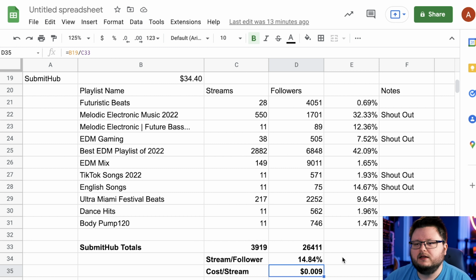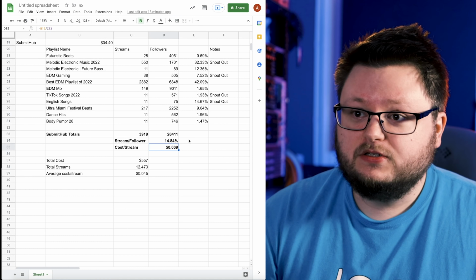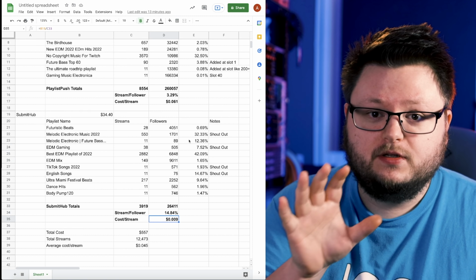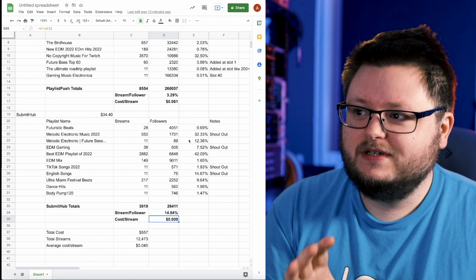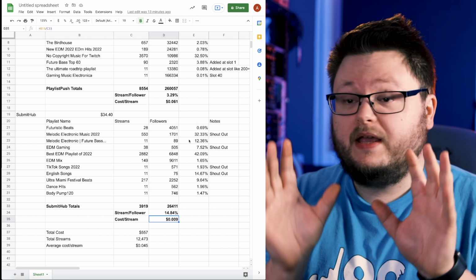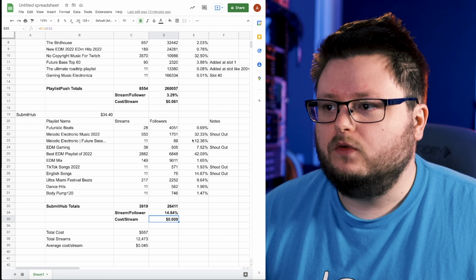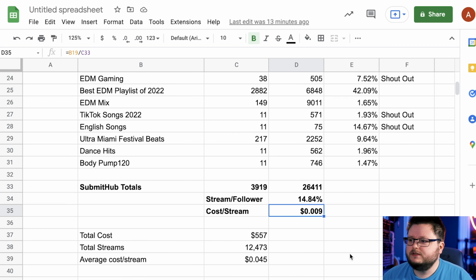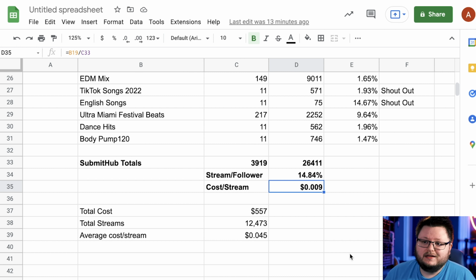Based on these numbers that I've just found, Playlist Push on a per stream basis is roughly 7 times more expensive than Submit Hub, based on this singular test. So that's kind of a big deal, right? This is why a lot of times I recommend artists use Submit Hub instead of Playlist Push, because of that difference. So now let's average this data.